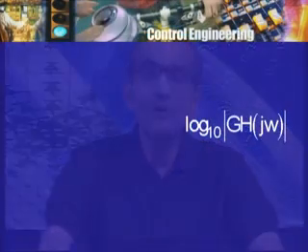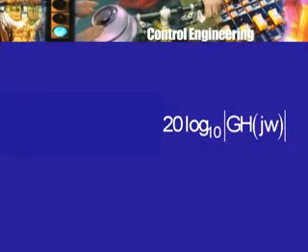Now it turns out that this number may turn out to be less than 1 for a range of omega values. Therefore, it is good to multiply it by, say, 10, so that it becomes not a fraction but can have an integer part, and again it turns out that for historical reasons it was multiplied by 20.